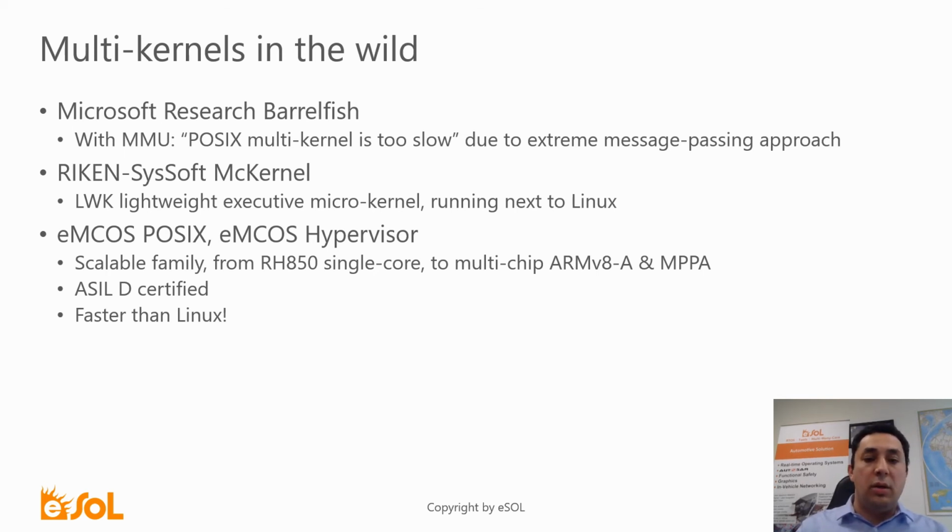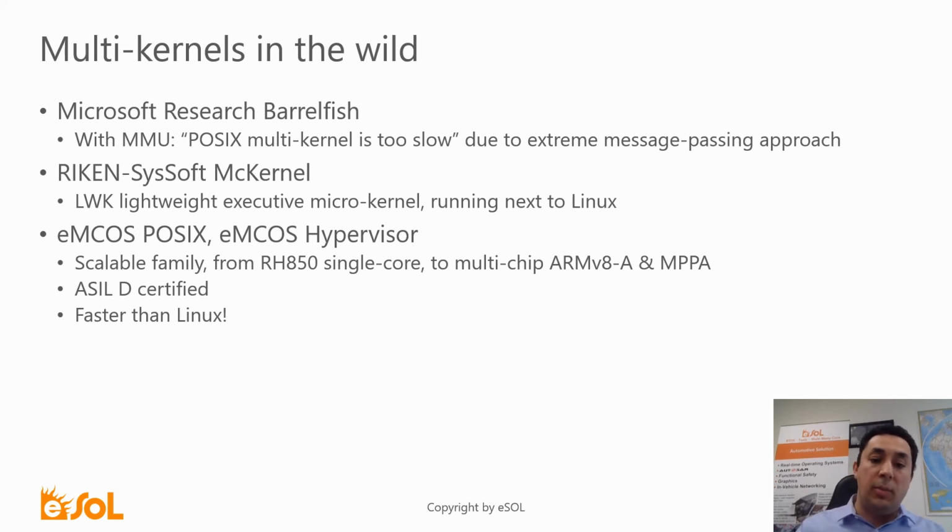There are other multi-kernels available. One of them is, for example, Microkernel that you can find, and it's mainly used in mainframes, where the executive is really a tiny scheduler that is really the microkernel running next to a Linux to do the real computing execution.